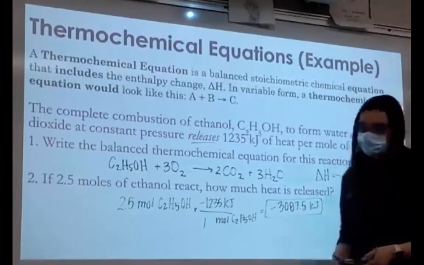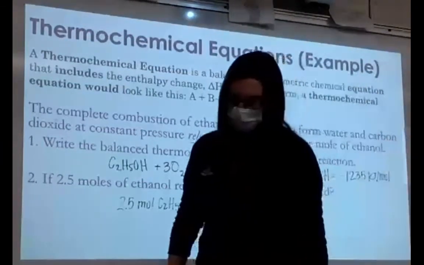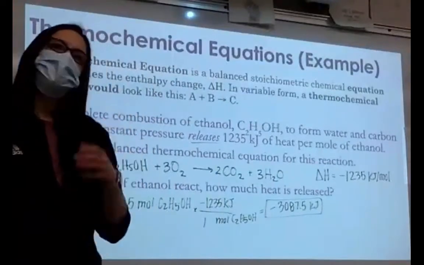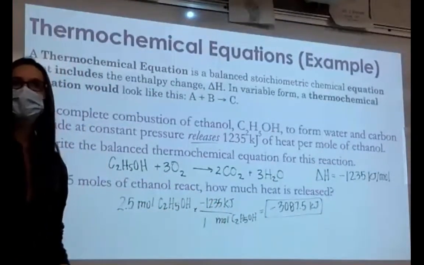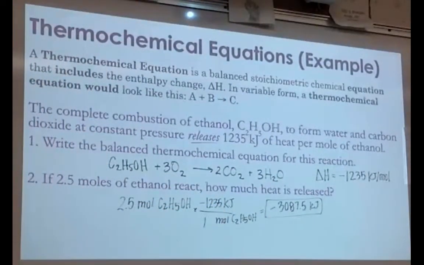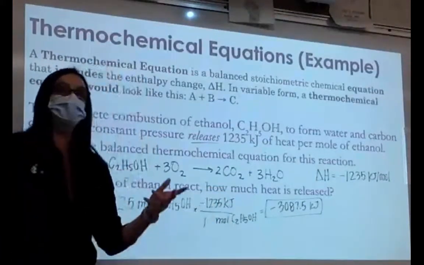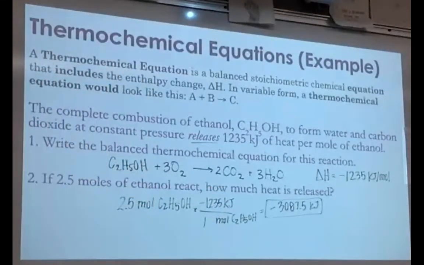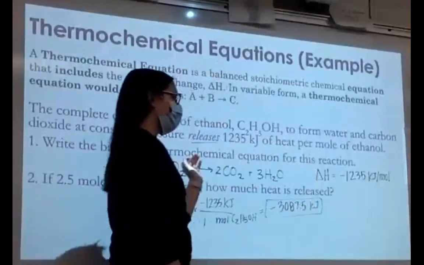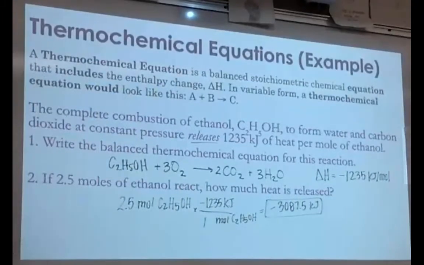If you have a problem that says something about give the magnitude, that just means it wants the number. You don't have to worry about a sign. Because a lot of times the problem will already say how much is released or is absorbed. That also does, if you want to include the sign, tell you what it should be. So the idea of thermochemical equations is just that we can use delta H as part of a mole ratio to go through stoich.